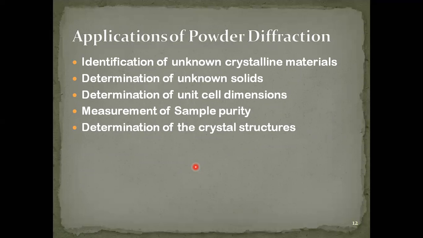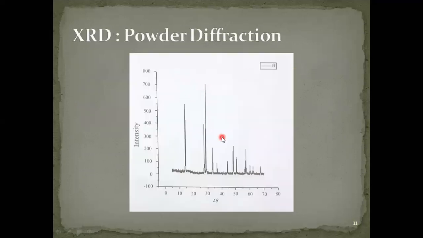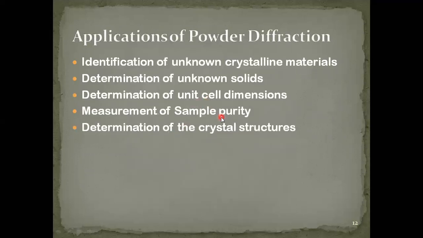So what are the applications we have discussed? Identification of an unknown crystalline material: depending upon these peaks, we can see what the material is. Determination of unit cell dimensions, A, B, C, the lattice parameters, which you can find out by means of XRD. Measurement of sample purity: as I have said, you want only CuS, but if your material has Cu2S, it has lost its purity.